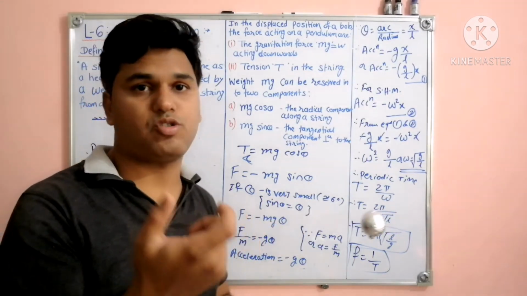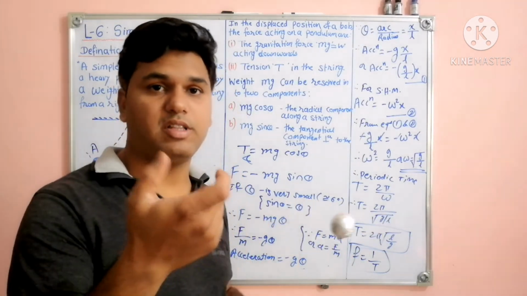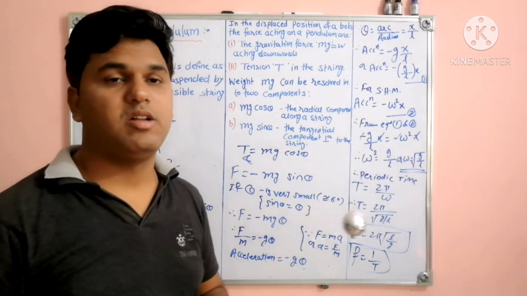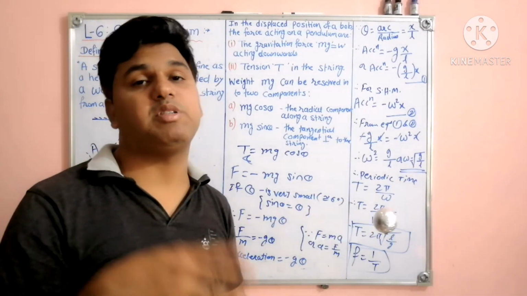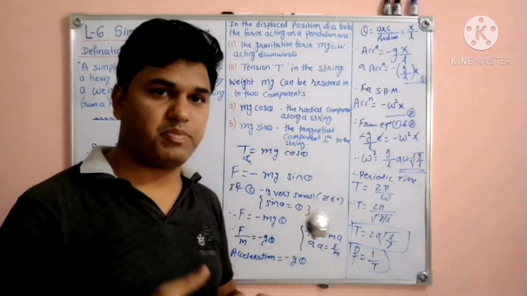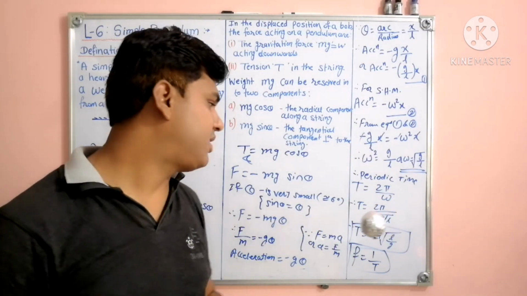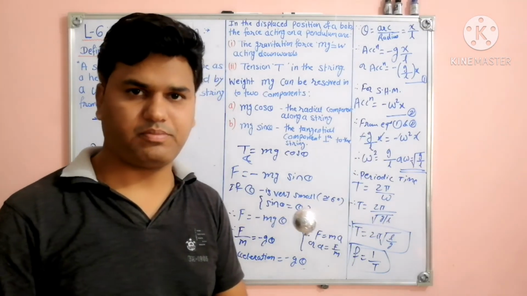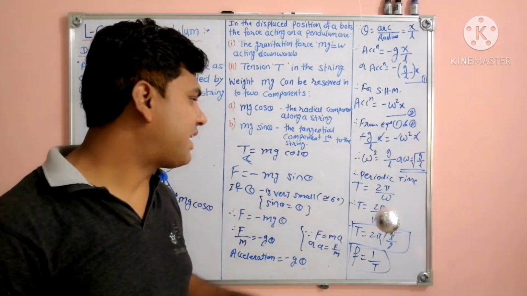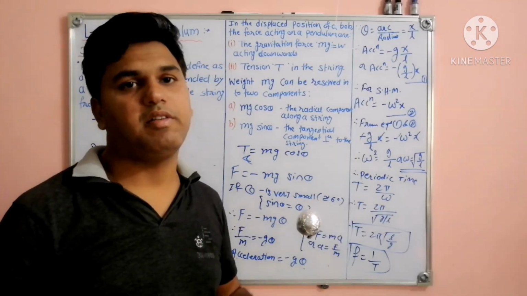We use a stopwatch: when we release it, we start the stopwatch and count the oscillations in 1 minute. The number of oscillations per unit time is the frequency of this pendulum. So 20 per 1 minute, or 60 seconds, is the frequency of this simple pendulum. In that way, we can match the practical frequency and the theoretical frequency.